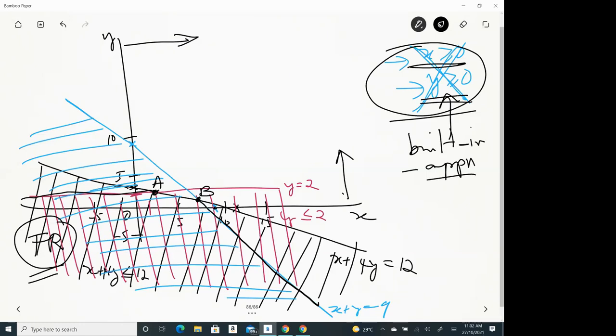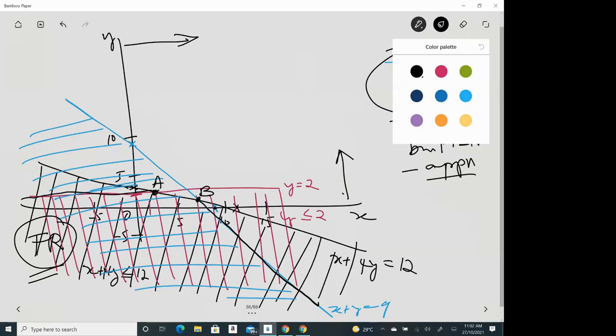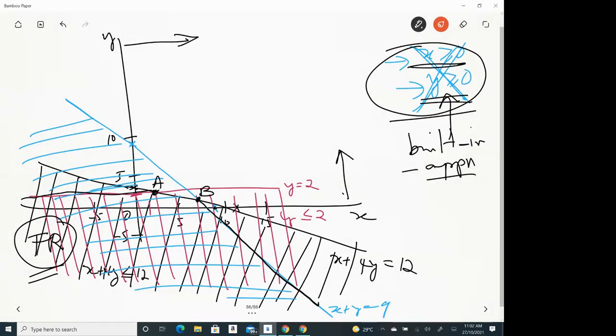Now what is the new feasible region? I think the small area, sir. Yes, the small area. What is the new boundary? Just tell me the line.